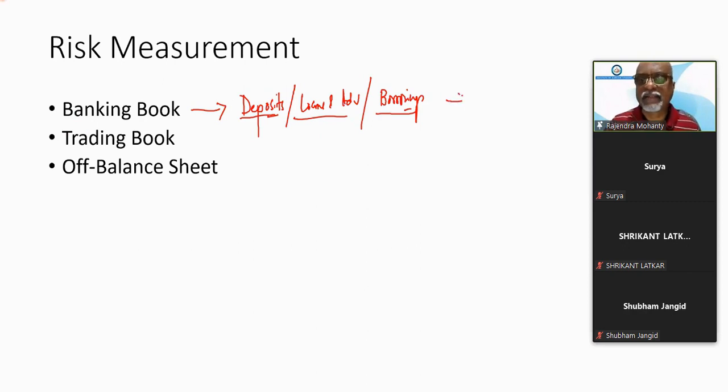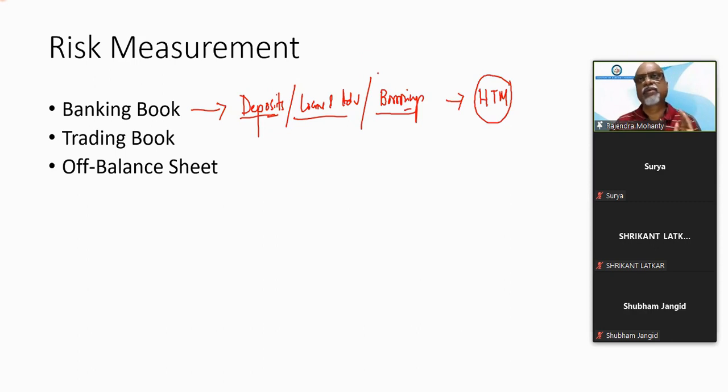The second characteristic is that deposits, loans and advances, and borrowings are considered things which are normally held till maturity, HTM type of transactions. Any deposit basically stays in the bank for a certain period.